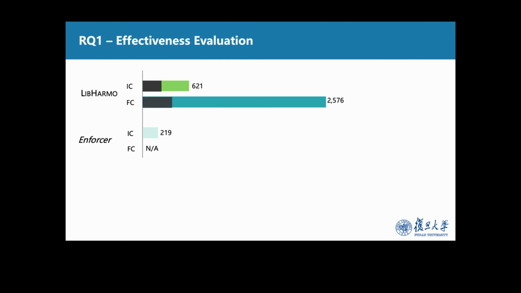We found 40 false positives for inconsistencies because developers intentionally declared multiple properties for different versions of the same library so as to provide comprehensive support for different runtime environments.